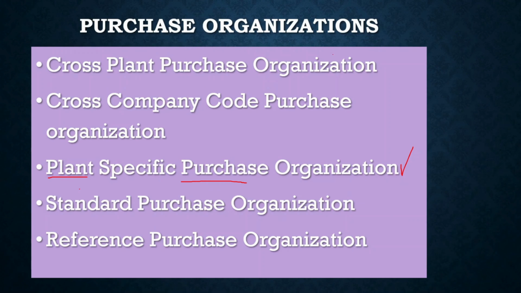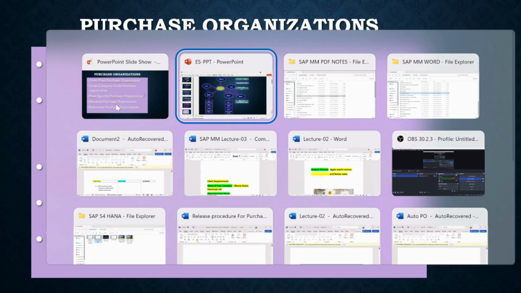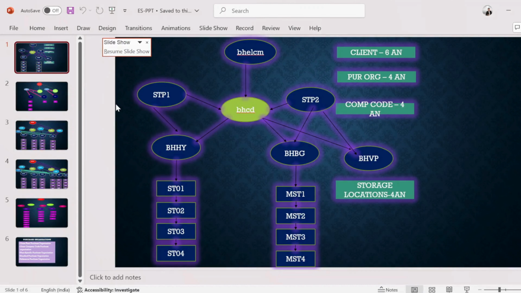Then what's a cross plant purchase organization? Cross plant purchase organization, that simply means a purchase organization or procurement team that's responsible for the procurement activities for more than one plant. That's a cross plant purchase organization. So let's take this example.